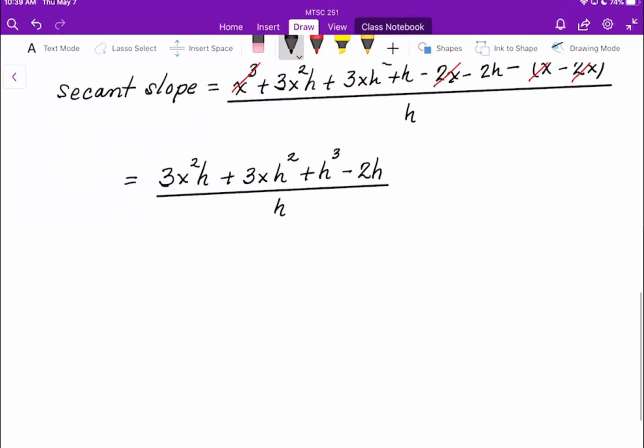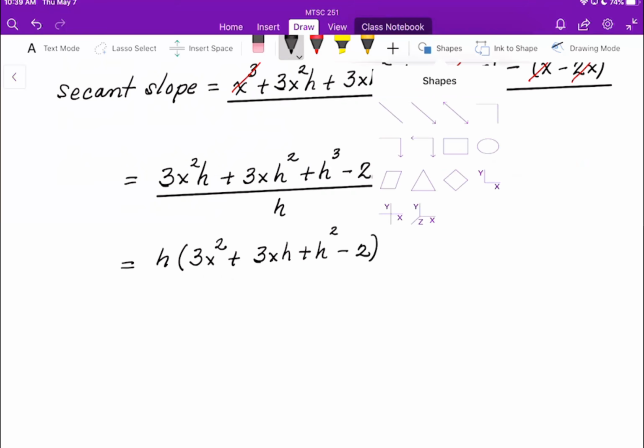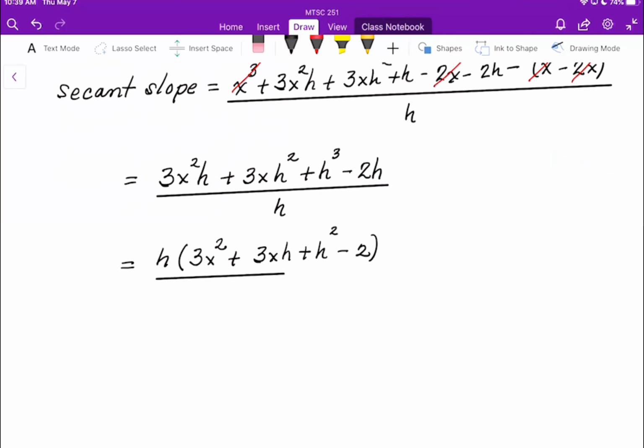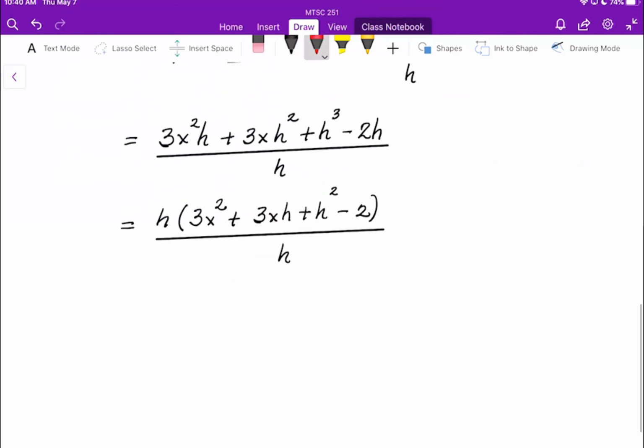We want to factor out the h, so we're going to have h times 3x squared plus 3x h plus h squared minus 2, and that whole quantity is over h. And now we can see that these h's divide and give us 1.